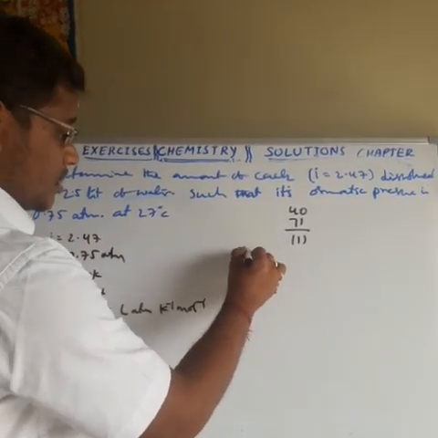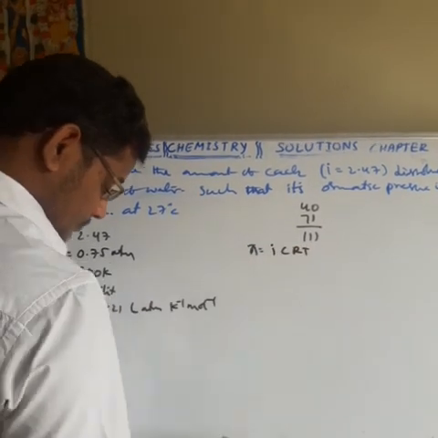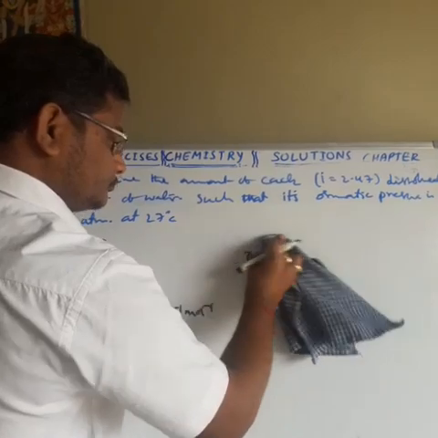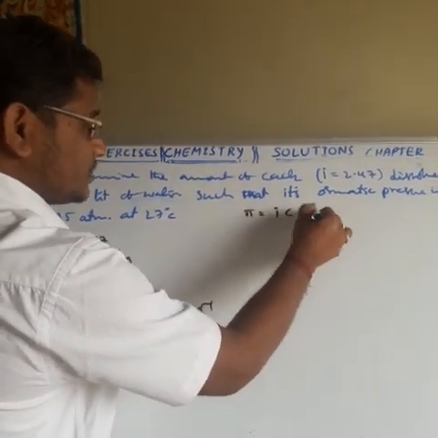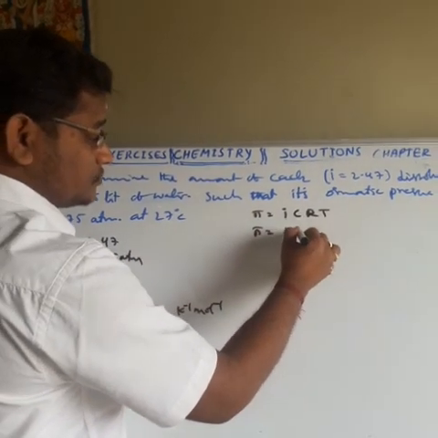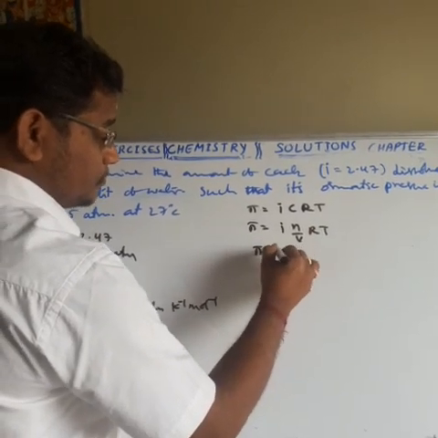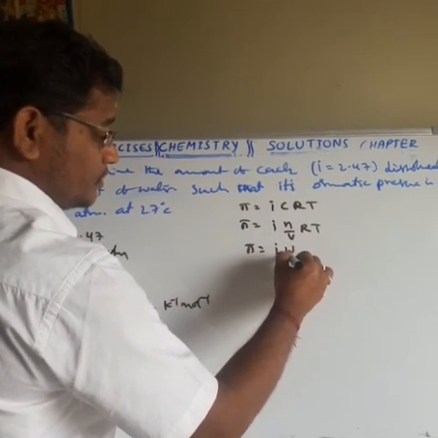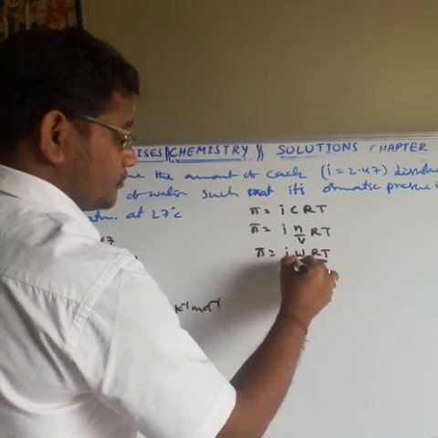Formula is osmotic pressure pi is equal to i into CRT. Here pi is equal to i into C, meaning n by V, RT. Pi is equal to i into n, meaning weight by molecular weight, V RT.